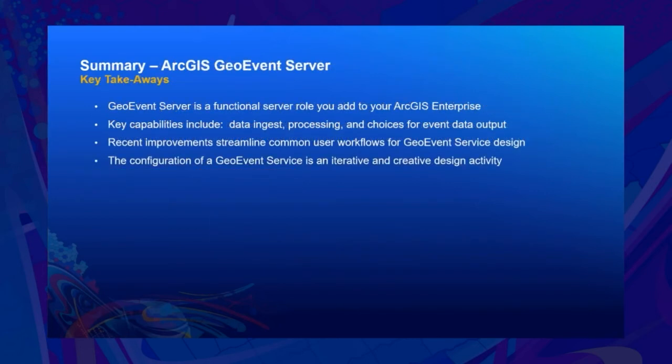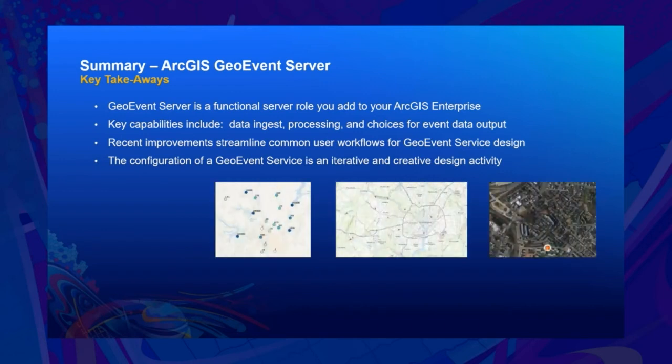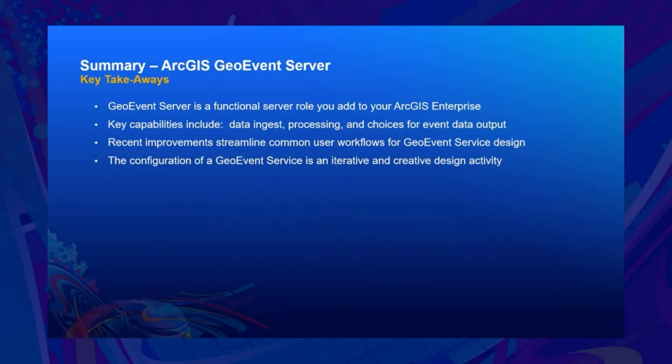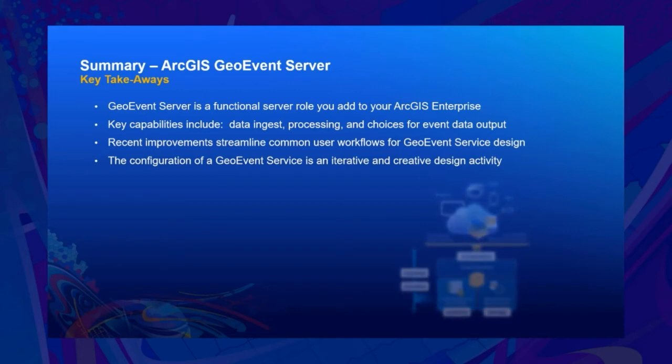To quickly review what we've covered, today's workshop had three main parts. We started with an explanation of what we mean when we talk about real-time data. We also discussed the role GeoEvent Server plays in the overall ArcGIS Enterprise and reviewed its key capabilities. GeoEvent Server is the server role you add to your ArcGIS Enterprise to unlock the ability to ingest and adapt data from real-time data feeds.